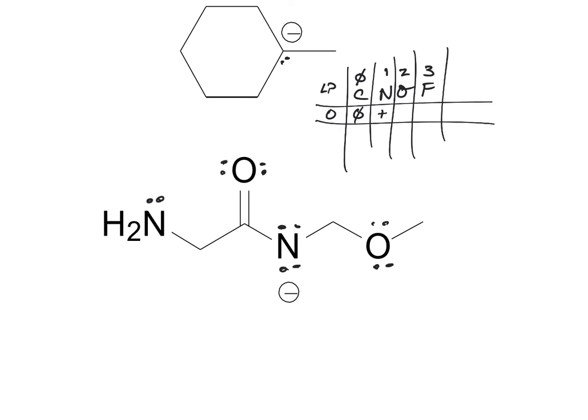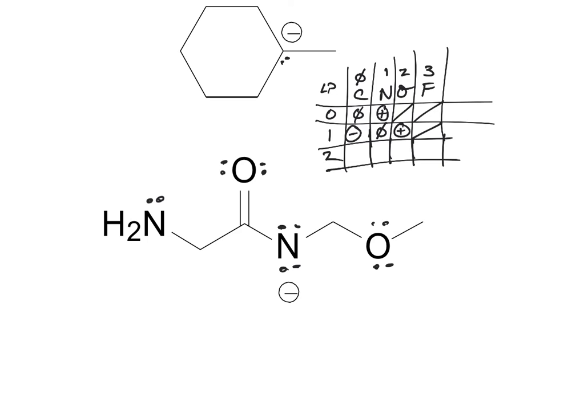This would be a positive charge. Oxygen is not going to do that. It never doesn't have a lone pair. Same with fluorine. With 1 lone pair, the carbon is going to be -1. The nitrogen is going to be neutral. The oxygen will be positive, and then fluorine isn't going to do that.